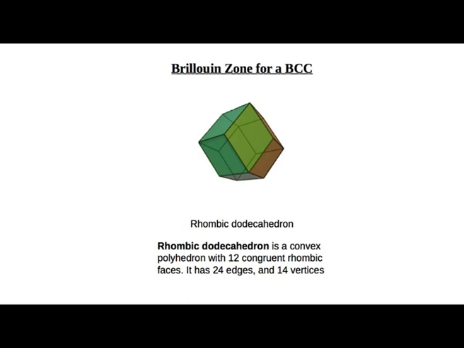As I told you, unlike in the case of real lattices, the reciprocal lattice need not always be a parallelepiped. So, what does it mean for the Brillouin zone? The Brillouin zone also need not be a parallelepiped.